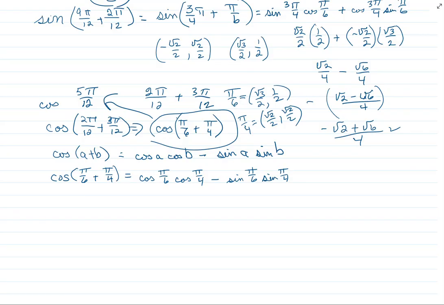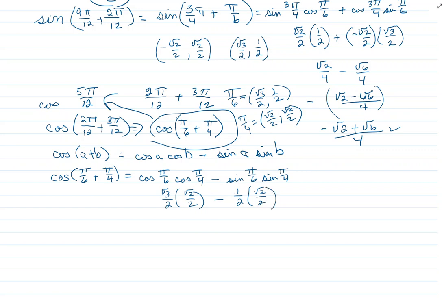All right, now I just insert the exact values. Not a big thing. The cosine of pi 6 is the square root of 3 over 2, and the square root of 2 over 2, minus, and for the sine of it, I got the 1/2 and the square root of 2 over 2.